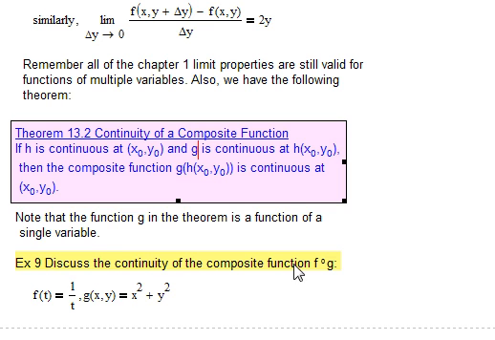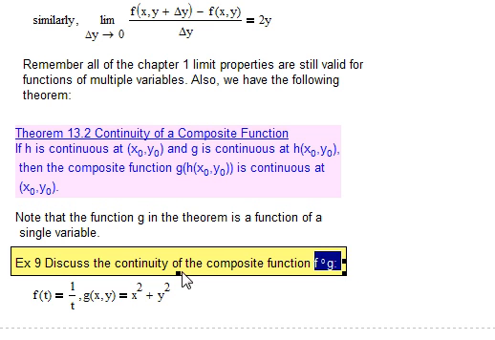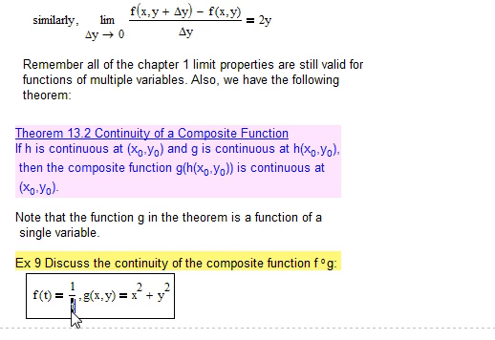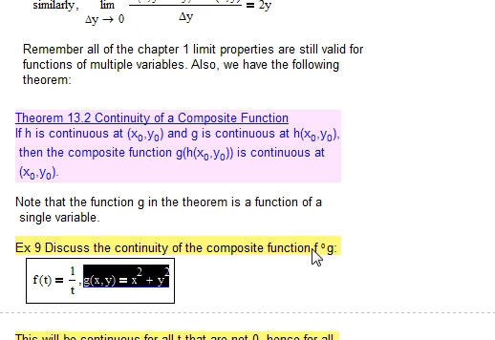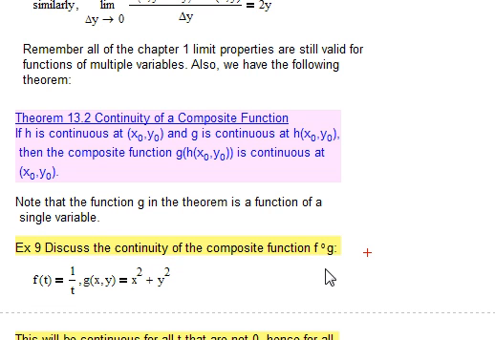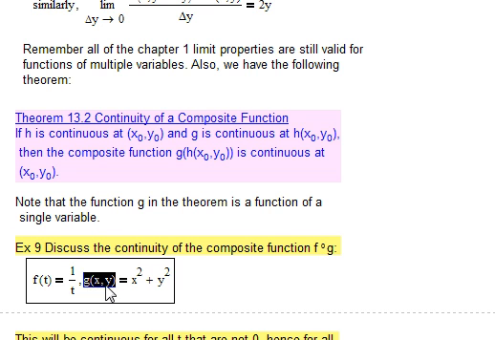So, discuss the continuity of the composite function f composed with g. f of t is 1 over t, and g of x, y is x squared plus y squared. Whoa. So what would that mean? f composed with g. So we want f of g of x, y.